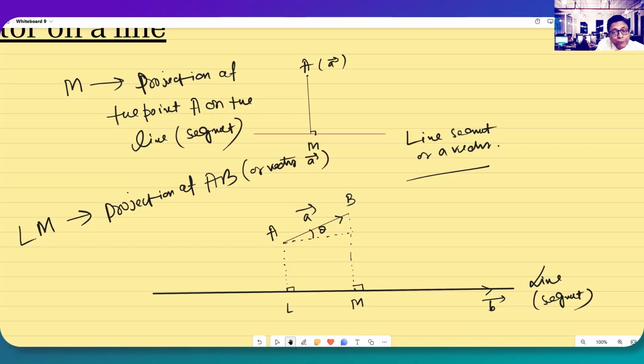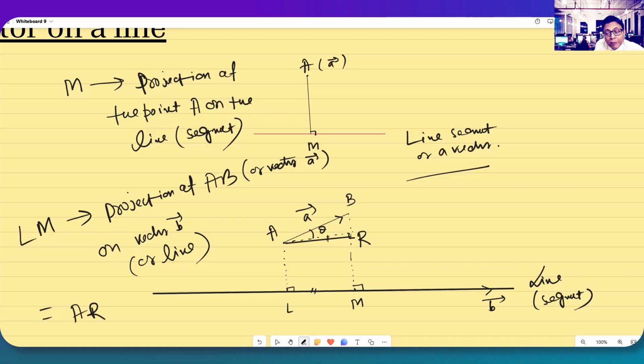We cannot define it for vector only, we can define it for any line segment. This is projection of AB on vector B or the line segment or line is what? That is LM. LM is what? In this diagram, LM stands for AR. Because LM equal to AR, because you have dropped perpendicular here and this also perpendicular dropped on BM.